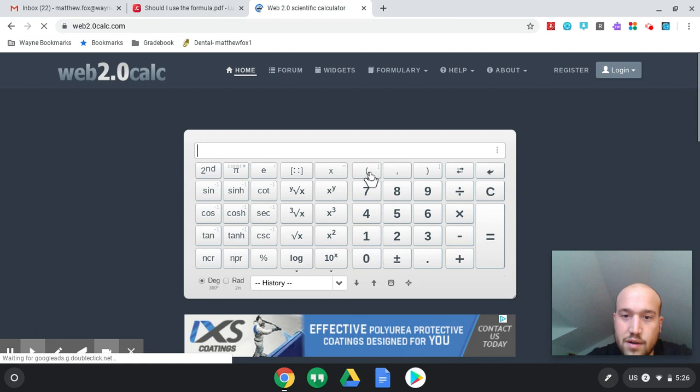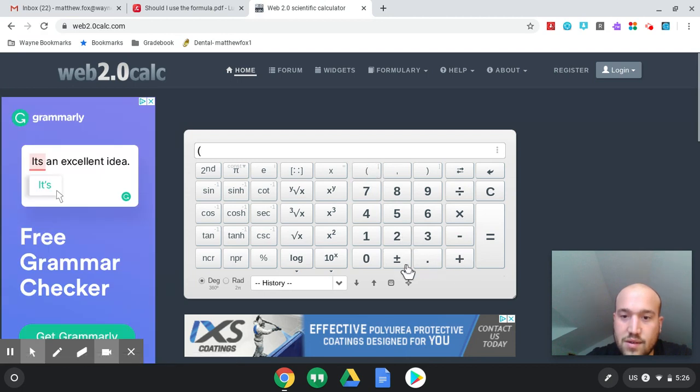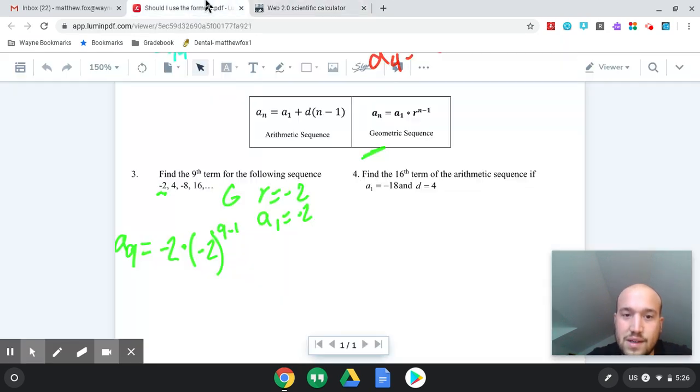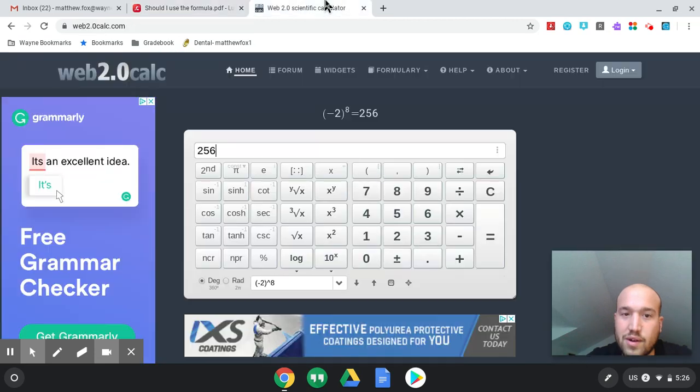So we'll just go here, and we'll put our parentheses and do negative 2, and then we click this raised to the 8th. Okay, now we hit equals, and we get positive 256. Okay, and then our final thing we need to do is multiply that positive 256 times negative 2 from the front.